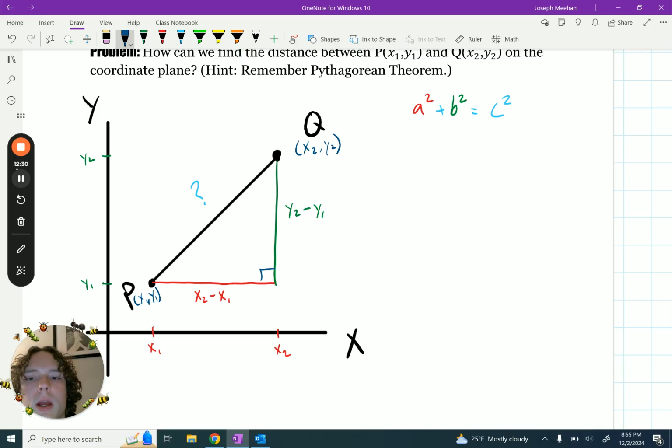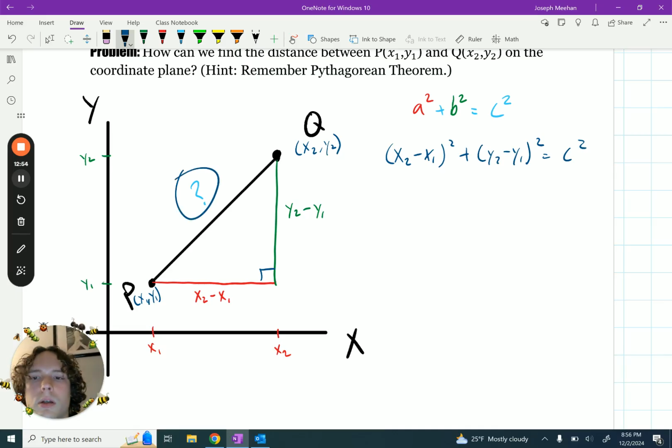We have a squared as (x2 minus x1) squared, plus b squared, which is (y2 minus y1) squared, and we're setting that equal to c squared, because that's what we're trying to figure out.